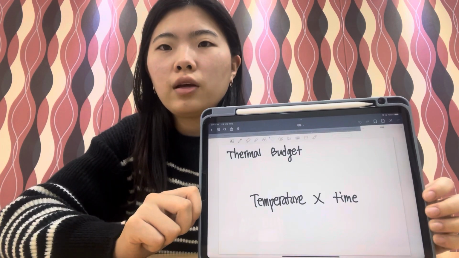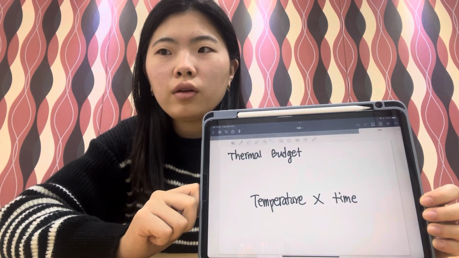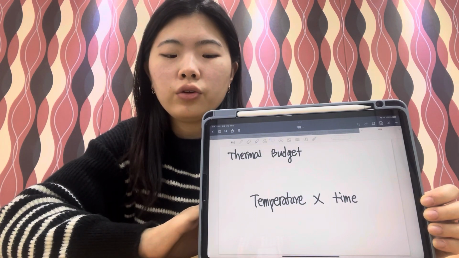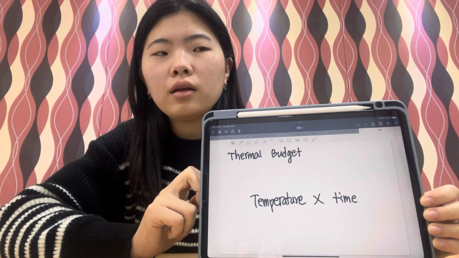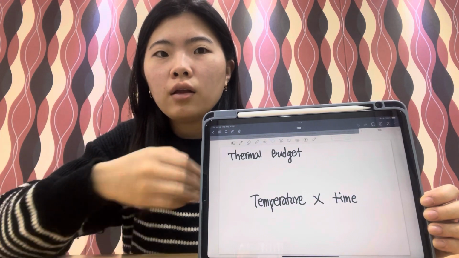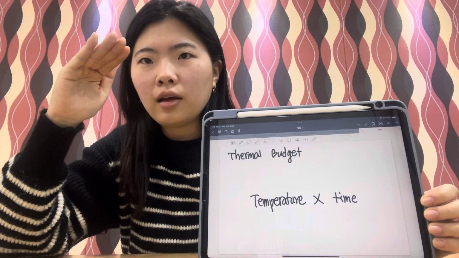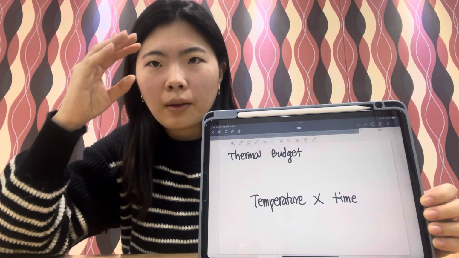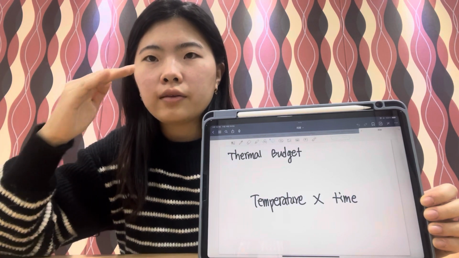Then thermal budget is a very important concept of diffusion, because diffusion and ion implantation also use heat to dope. Heat cannot be turned on and off instantly. When we put some heat, the temperature is going to get high step by step, and when we turn off the heat source, the temperature is also going to get lower step by step.